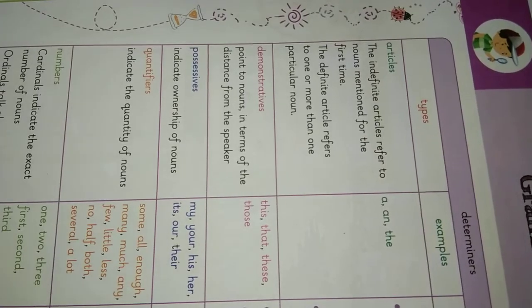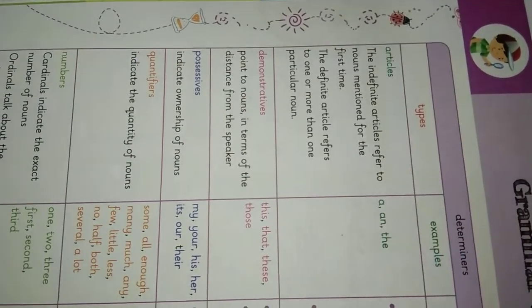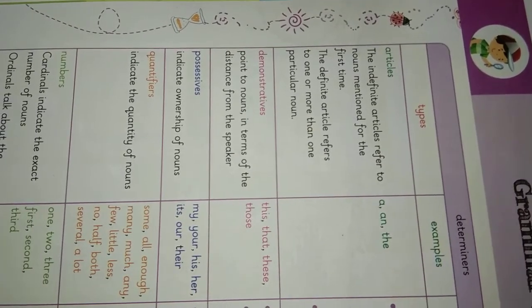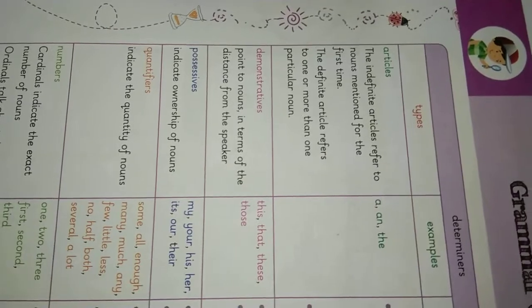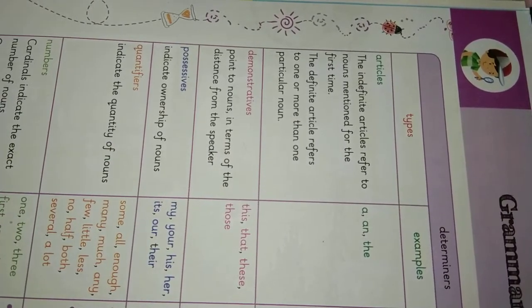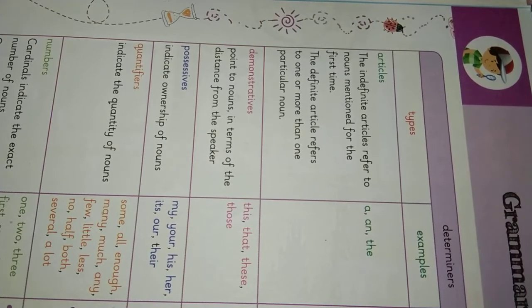Then we come to demonstratives. What are demonstratives? Demonstratives are the words which point to nouns in terms of distance from the speaker, how far that noun is from the speaker.